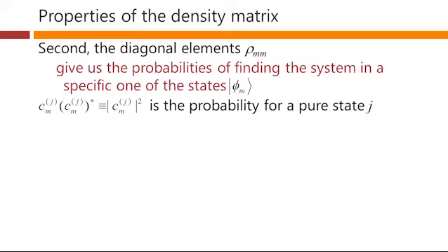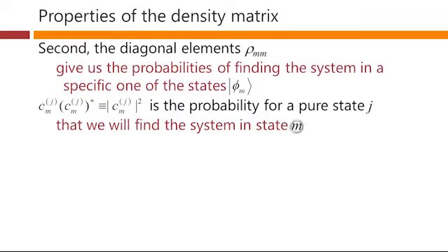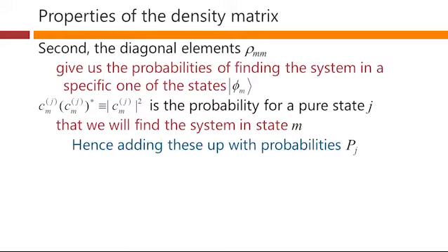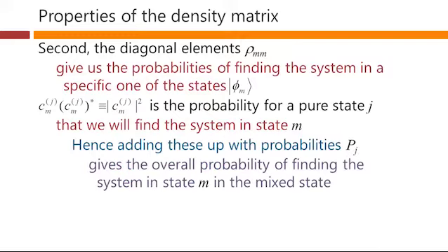And that's the probability for a pure state j that we will find the system in state m. Hence, adding these up with probabilities Pj gives us the overall probability of finding the system in state m in the mixed state.